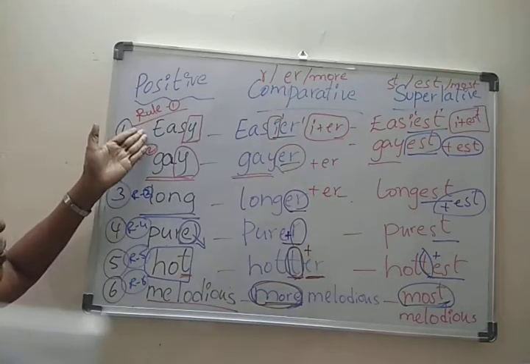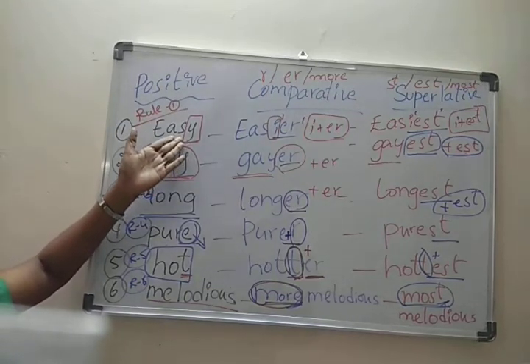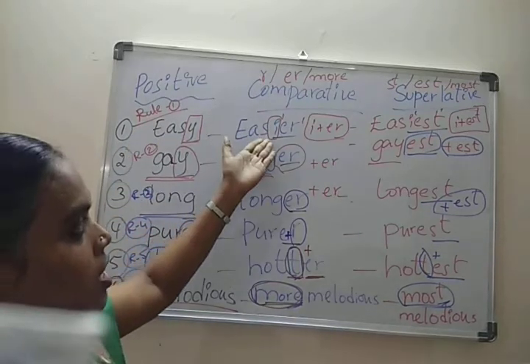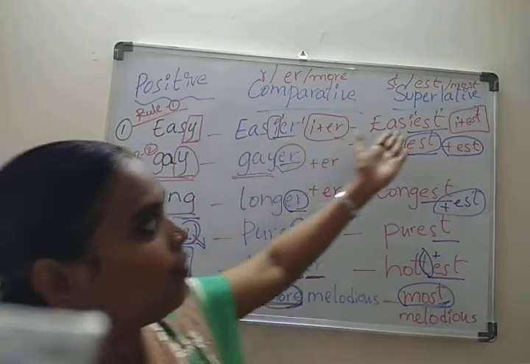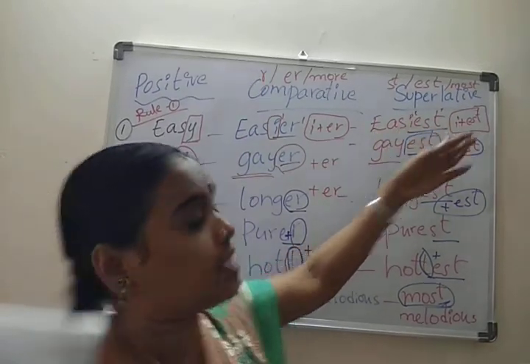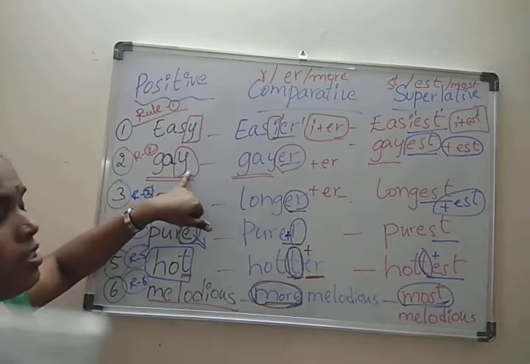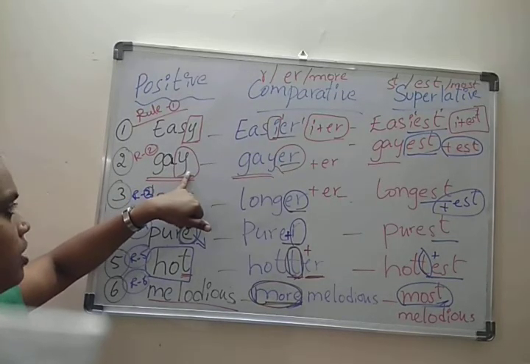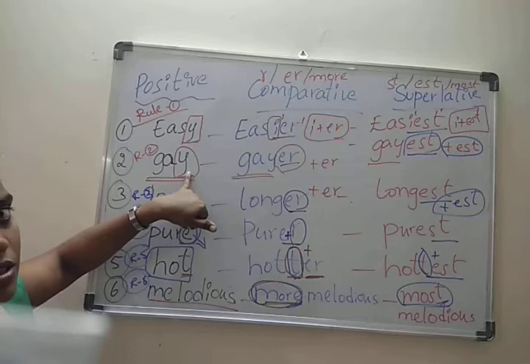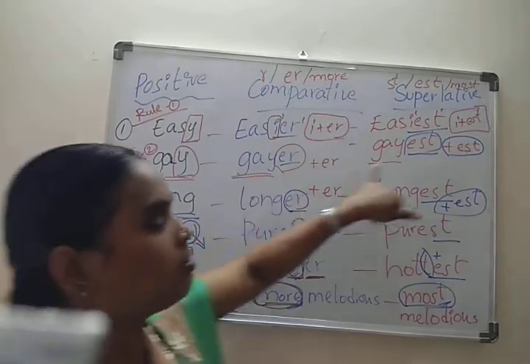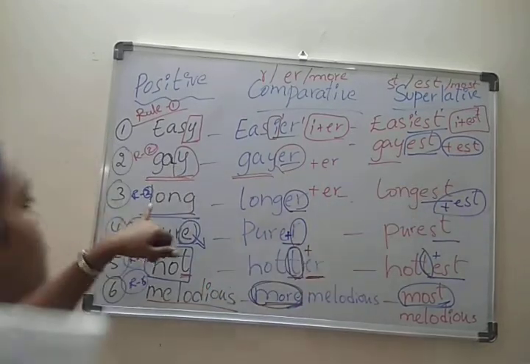For example, rule 1: if the word ends with a consonant sound and Y, Y changes into I and we add -er, and in the superlative Y changes into I plus -est. Gay: Y stays as Y only, we do not change anything. Plus -er, plus -est in the superlative.